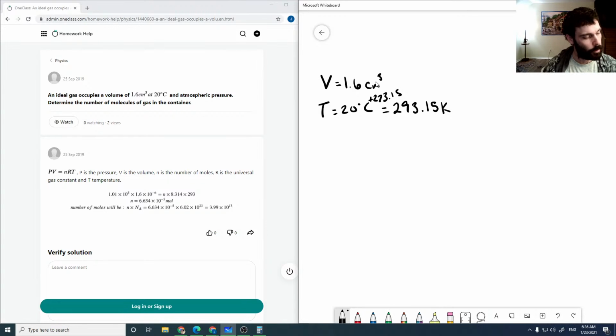And at atmospheric pressure, so our pressure is 101.325 times 10 to the 3 pascals.